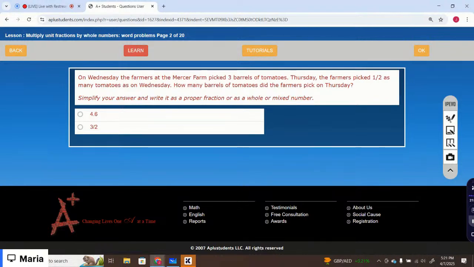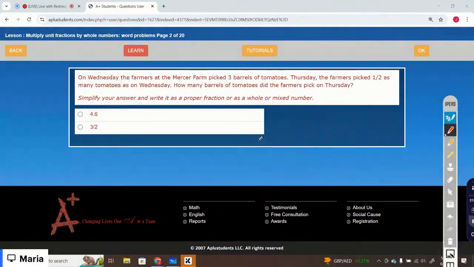So 3 times 1/2 equals 3 by 2. Option number 2 is the correct option.